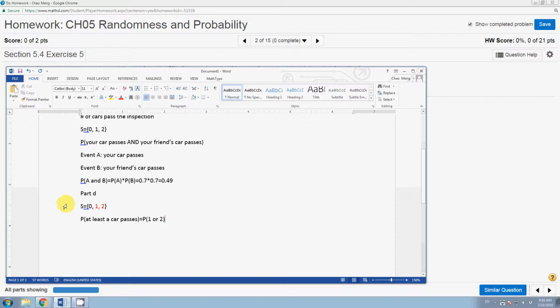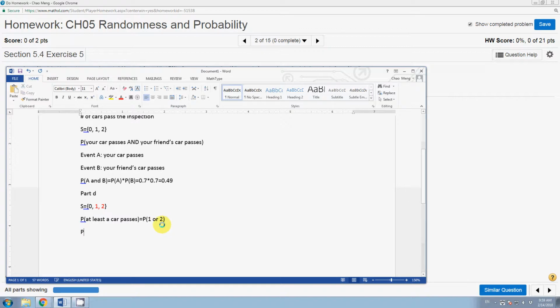So we have to get the probabilities for this outcome and this outcome. But if we talk about this outcome, one car passes, there are two further possibilities: my car passes or my friend's car passes.